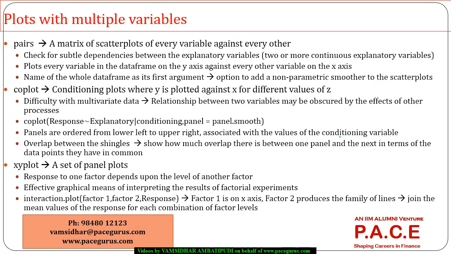Then the next important topic that we are looking at is plots with multiple variables. Till now we have focused on plots with one or two variables. We have looked at different kinds of plots, right?